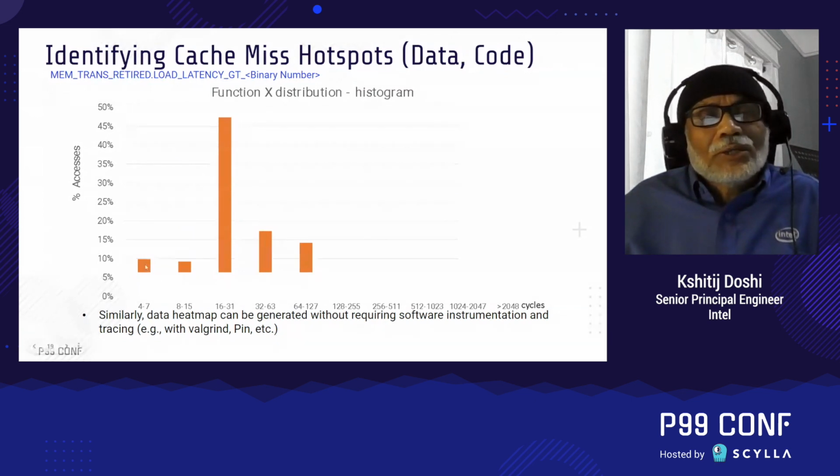In order to typically capture things that missed the L1 cache, or how often did things miss L1 cache, and how often did they miss the L2 cache, and so on.